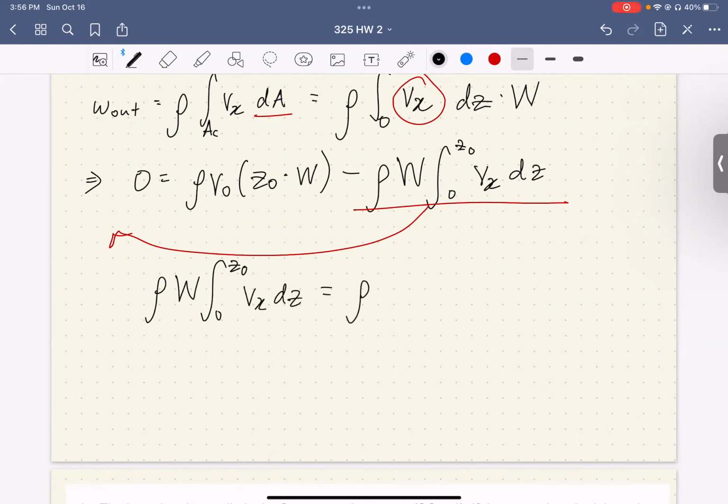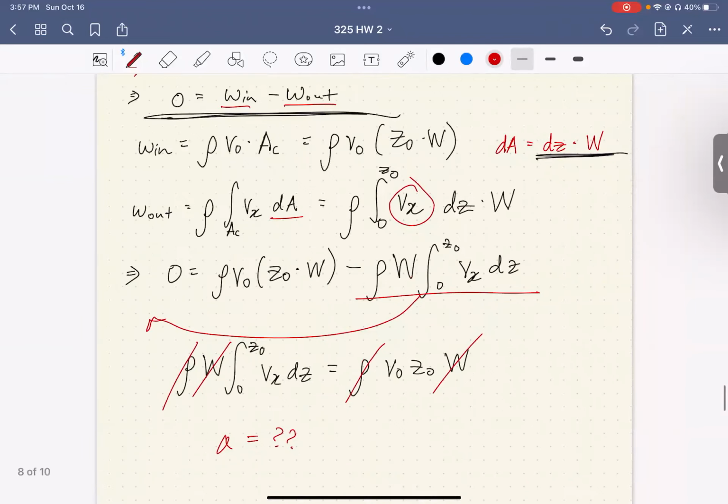Then we're going to write rho V0 Z0 times width. And right away, rho cancels, width cancels. So in the end, we're left with this expression, which when you actually do take the integral of this, you will be able to solve for A, right?